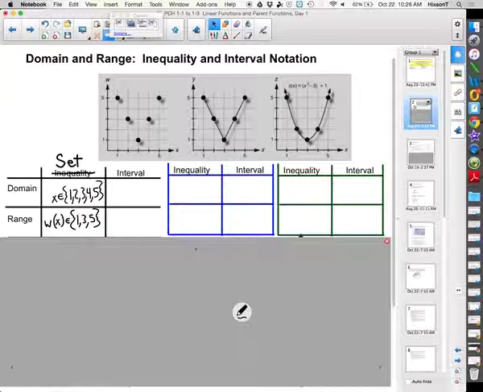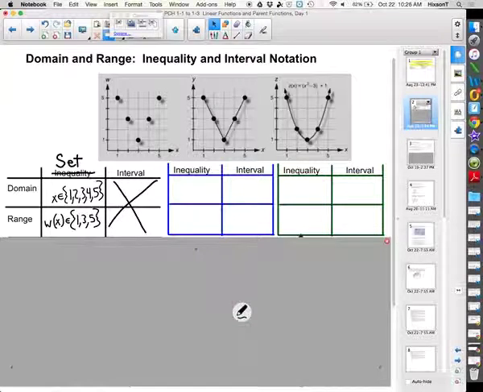Now, interval notation. Interval notation, like I said, is one of those ones that you may have forgotten, you may have not seen, or there are variations in this that we'll talk about. For one thing, interval notation again can only be used when you have ranges of values, not distinct values like this.